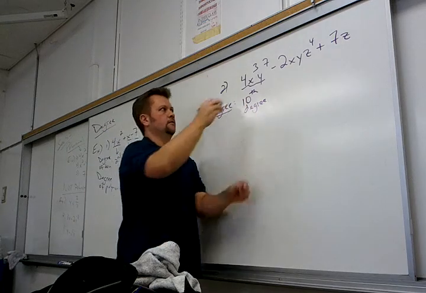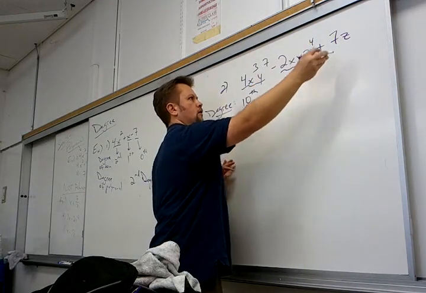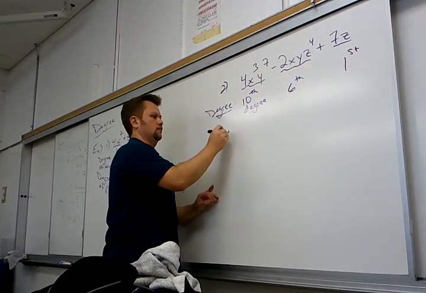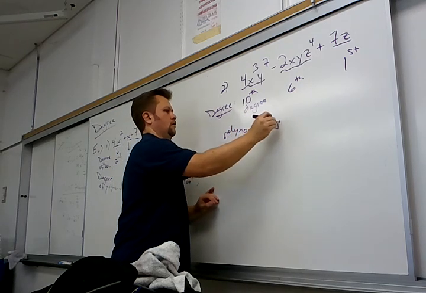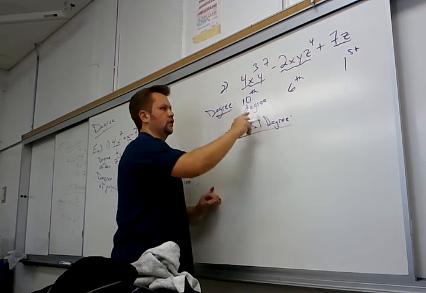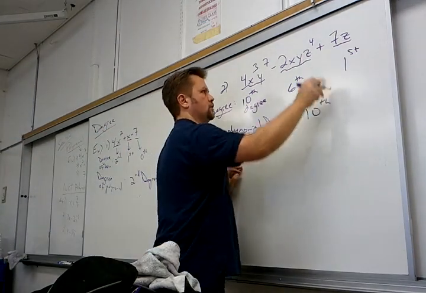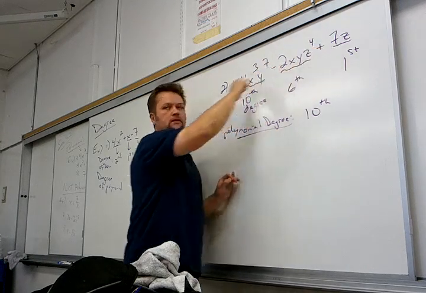The second one, 1, 2, and 4 is 6th degree. And the others are 1 and 1. So what's the degree of the whole thing? 10th. Careful, not 17. 10. Again, the degree of the polynomial is the highest one I see. Don't add them all up because they're not connected. They're separated by pluses and minuses.